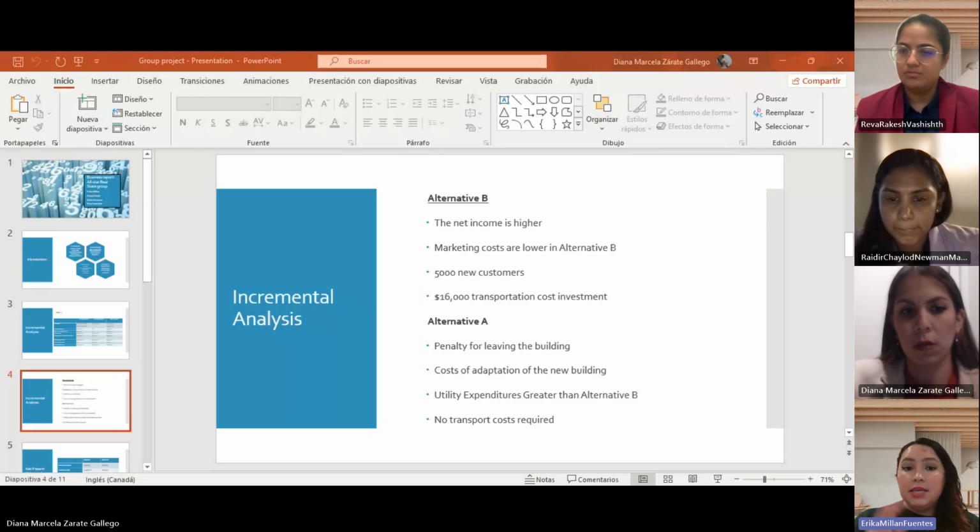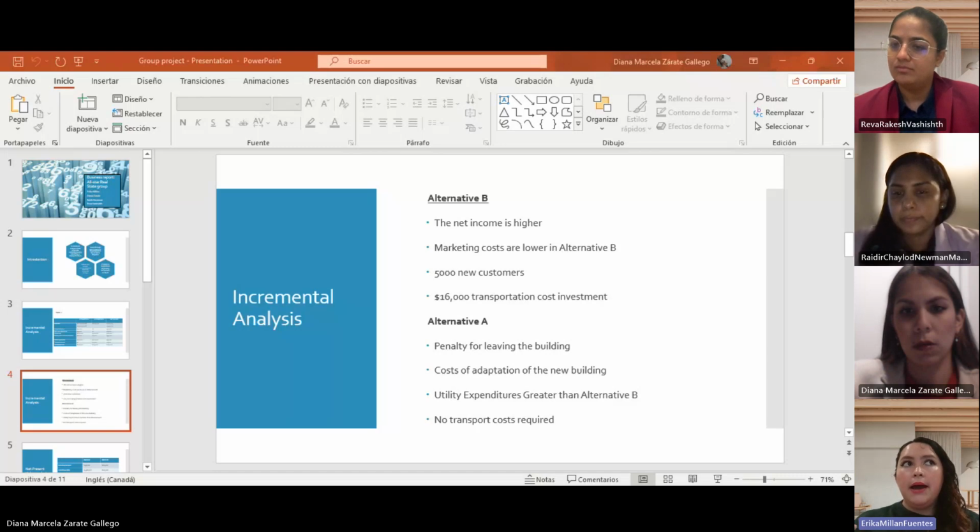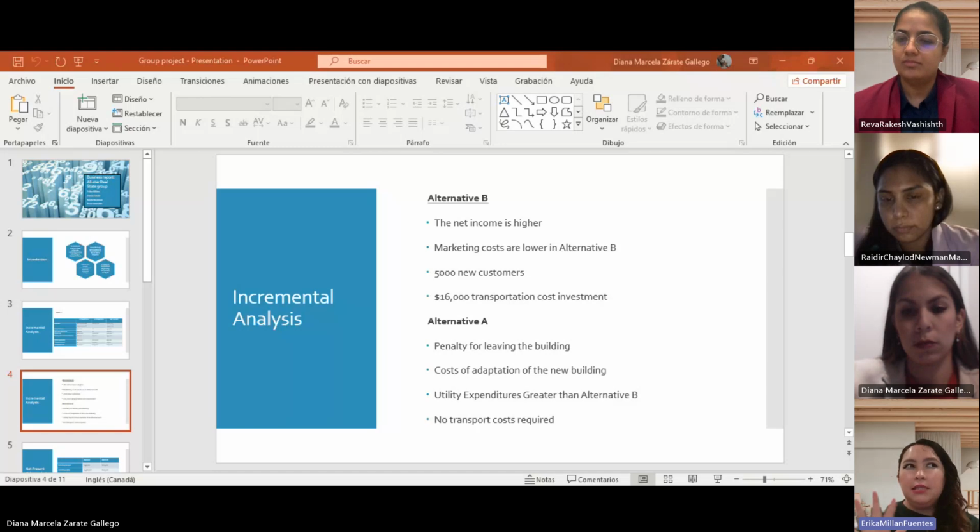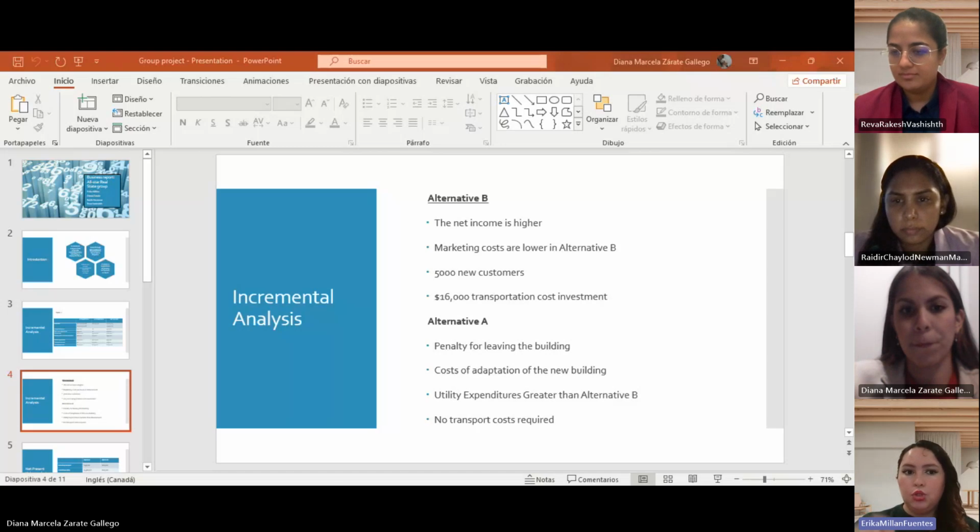In alternative B, the company should have 5,000 new customers, and in the other we will increase customers by 50%. This is important to record.